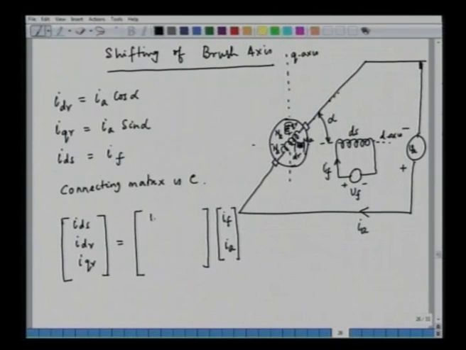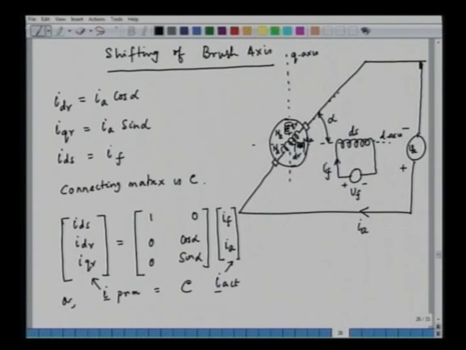This matrix is 1 0, because IDS equals IF, and then IDR equals IA cos alpha, so this is 0 cos alpha, and IQR equals IA sin alpha, so this is 0 and sin alpha. We can write I primitive is equal to C, the connecting matrix, into I actual. So, this is your I actual and this is the I primitive. So, this C has been determined: C is equal to 1 0, 0 cos alpha and 0 sin alpha.